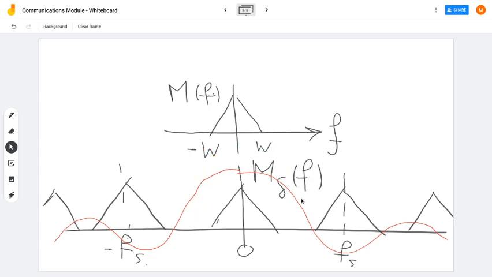Instead, we need to do something different, because using a rectangular pulse instead of an impulse, by lengthening the duration of the impulse to have a width capital T, we get this sinc function, and this sinc function will distort the spectrum in a way.